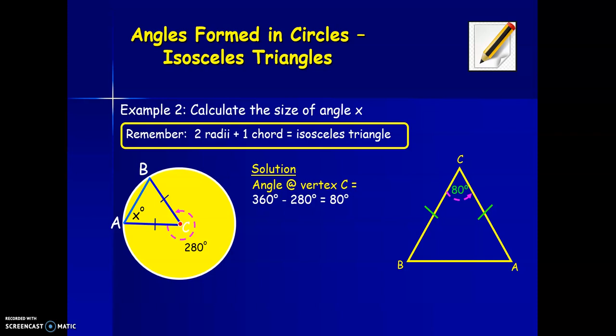So now we know the angle between the 2 equal sides in the isosceles triangle.